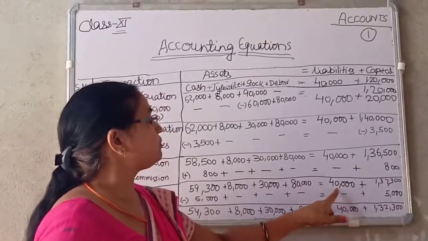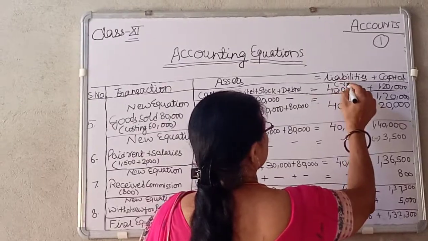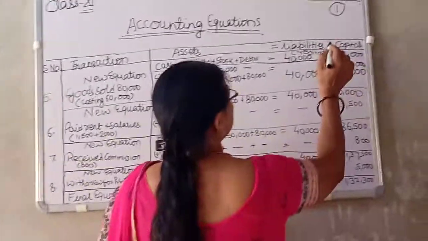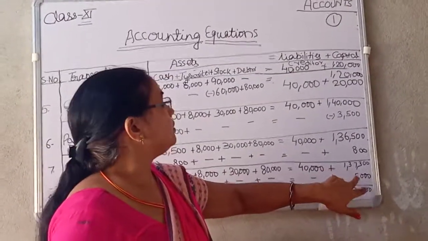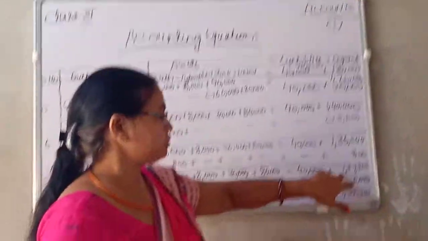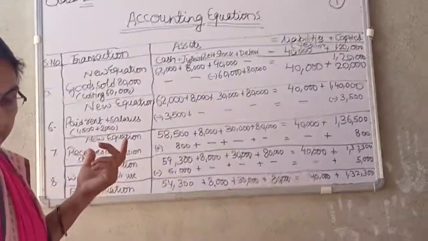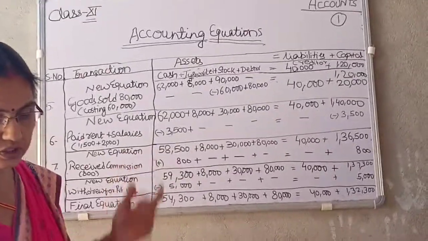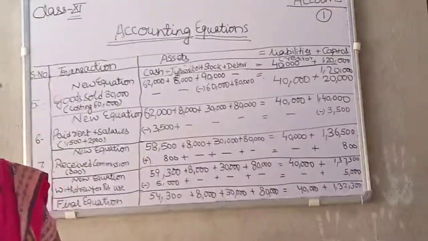The creditors are 40,000, and when we add the commission, the capital becomes 1,37,300.